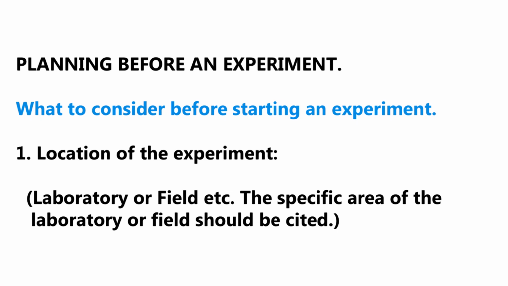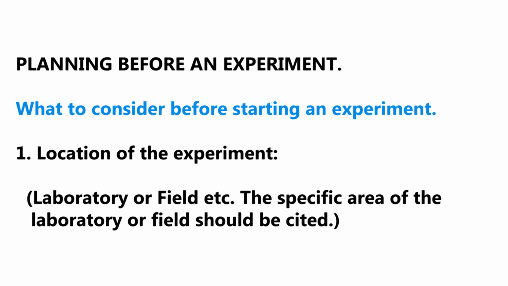Good. Let's look at an example using a real experiment. Now, before you set up an experiment, you should plan. Plan before setting up the experiment. And there are key things to look out for in planning. One, consider the location. Where are you setting up the experiment? Is it in the lab or in the field?